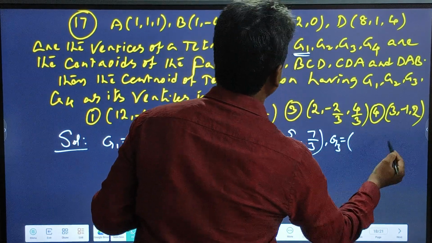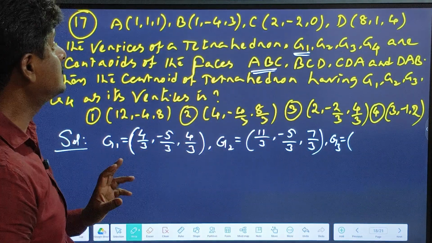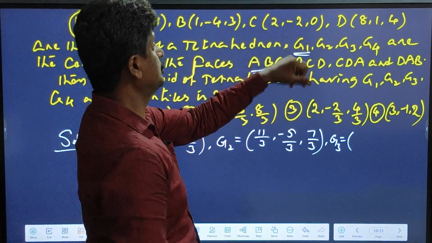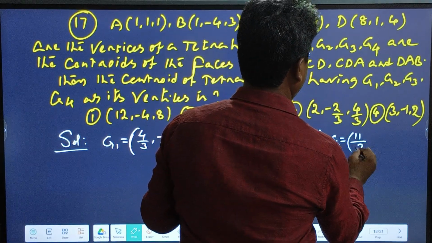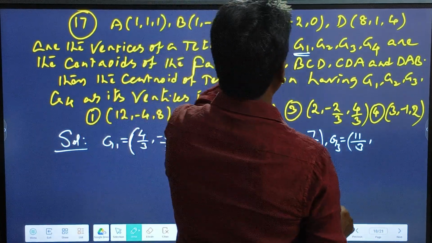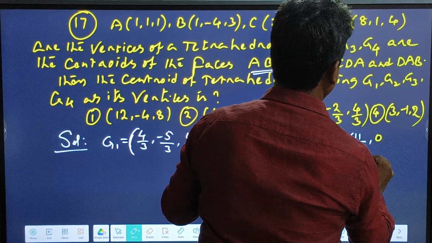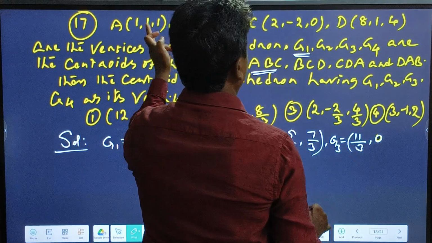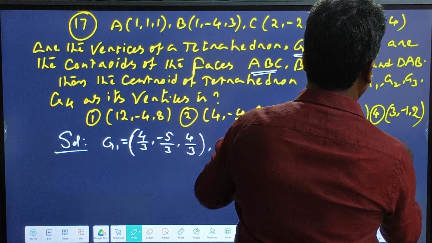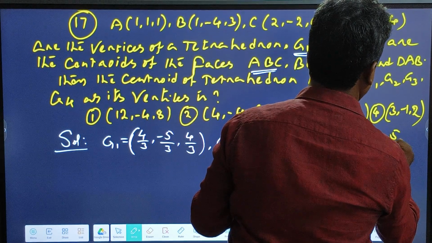Next, G3 is centroid of triangle CDA: 1 plus 2, 3 plus 8, 11 by 3. 1 minus 2, minus 1 plus 1, 0 by 3. 1 plus 0 plus 4, 5 by 3.